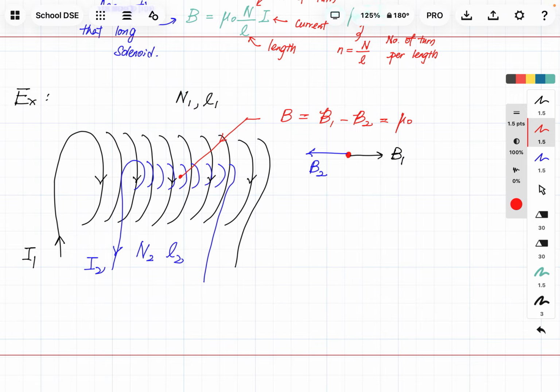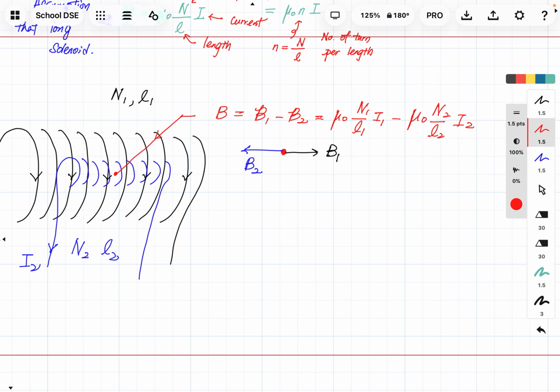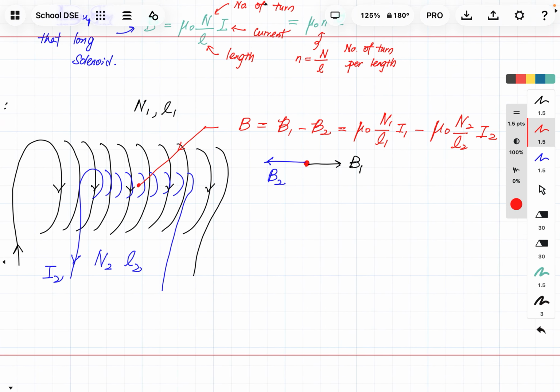Then what is the magnetic flux linkage? It's called N1, N2. Magnetic flux linkage, N1 over L. The one inside, I can call it L2.